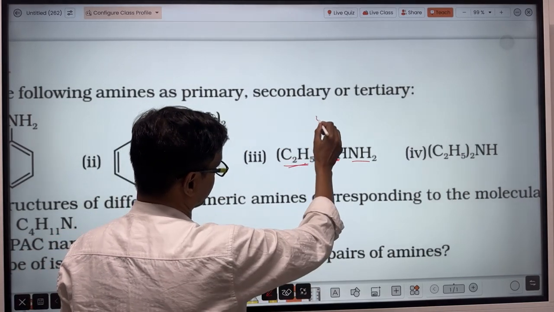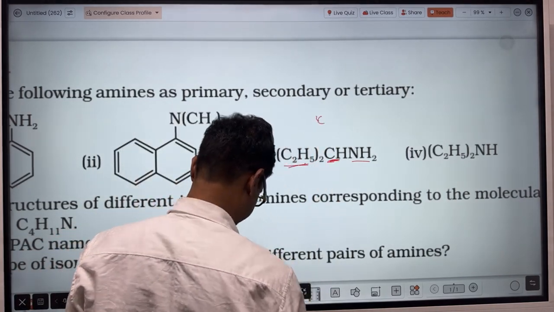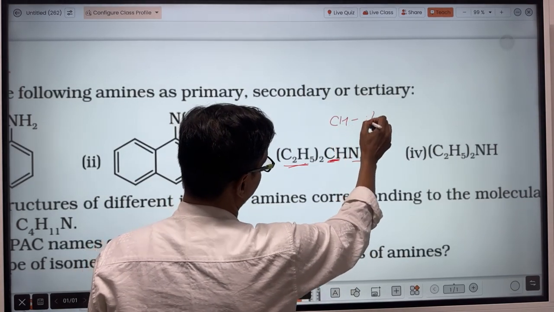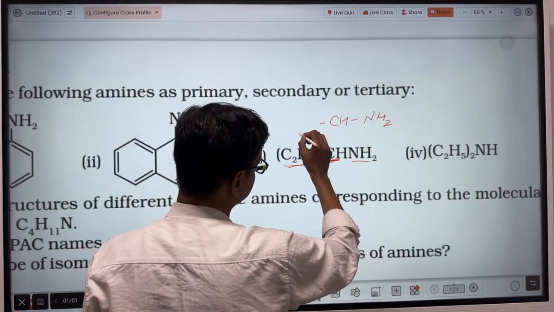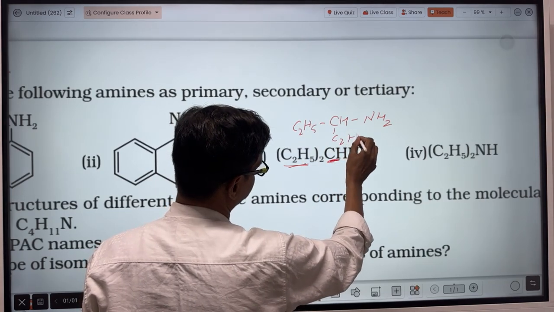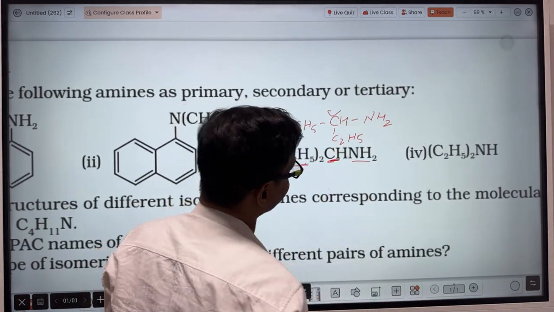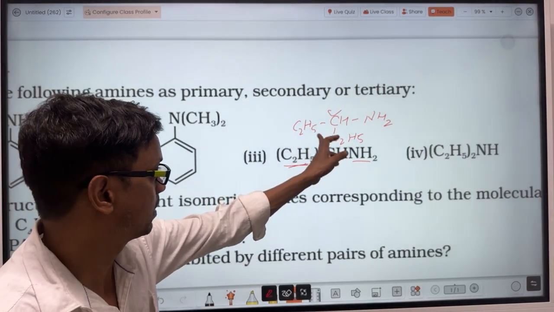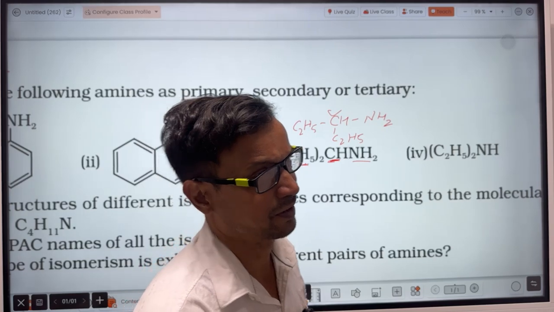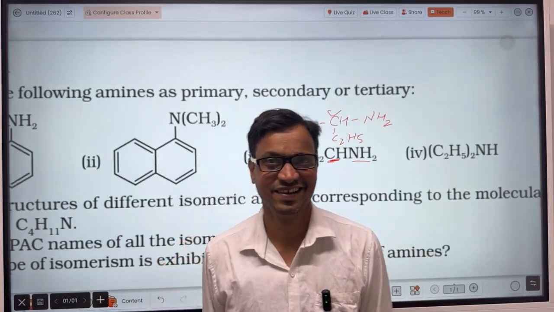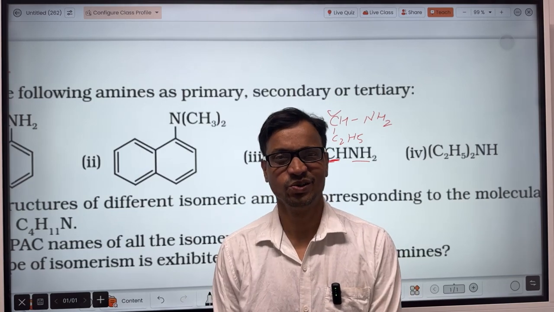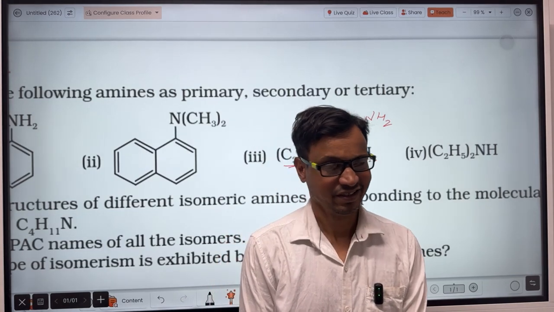So here this is a carbon, the amino group is bonded, and the 2 ethyl groups are bonded here. So C2H5 and C2H5. So this carbon is a tertiary carbon. Okay, no, secondary carbon.